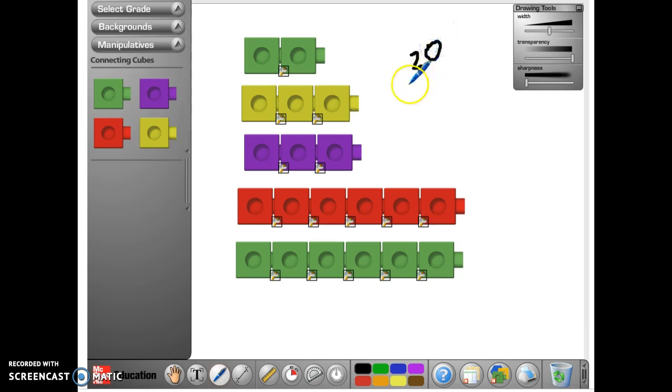And then you could have divided by the number of stacks that you have, or the number of data points, 1, 2, 3, 4, and 5, as we talked about earlier. So if you took all 20 cubes and you divided it by the number of stacks you had, you would have gotten a value equal to 4, which again is the same answer we had on the previous way of doing it.